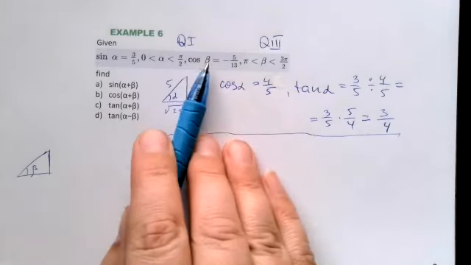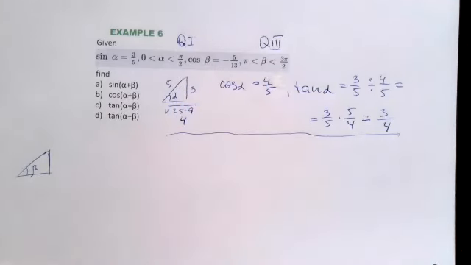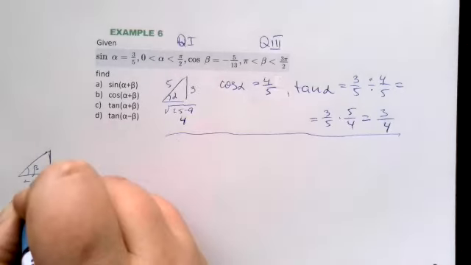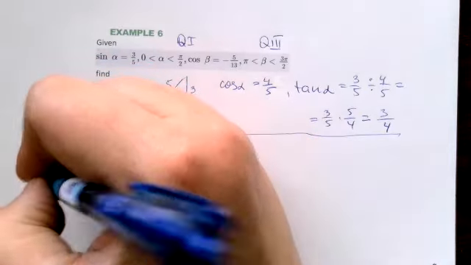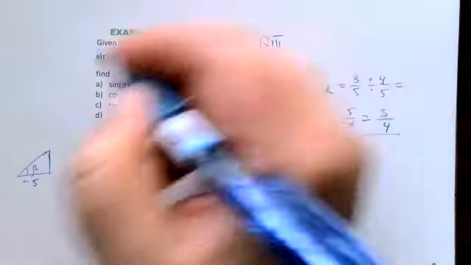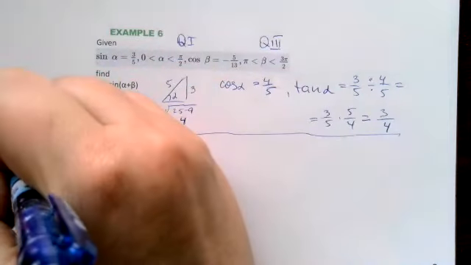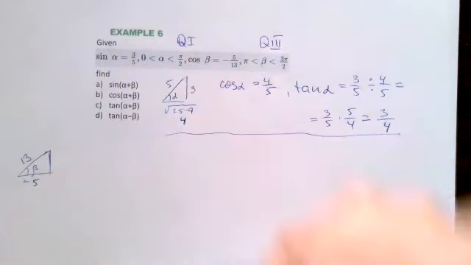So the cosine is -5/13. Or we could just do it anyway. So this side is -5, and the hypotenuse is 13. The hypotenuse is always positive.